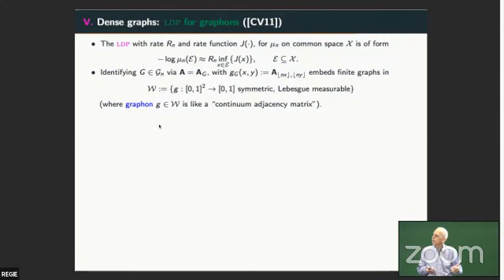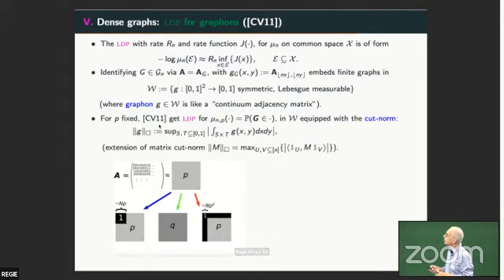This is a subset of the set of all possible measurable symmetric functions from the unit square to 0, 1, which you call W, the space of graphons. This is like a continuum adjacency matrix. You kind of forget the discreteness of the adjacency matrices. And on this space, you need to put some topology.